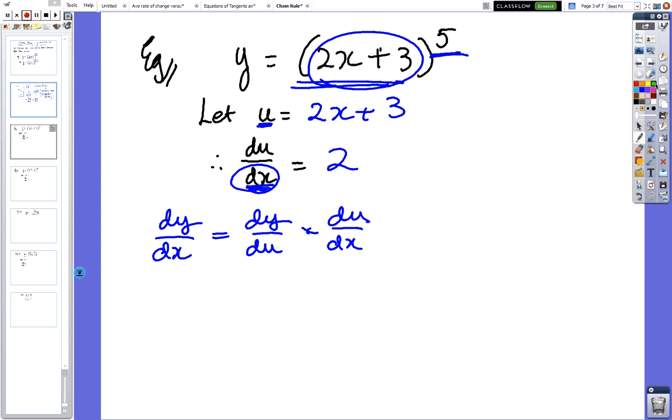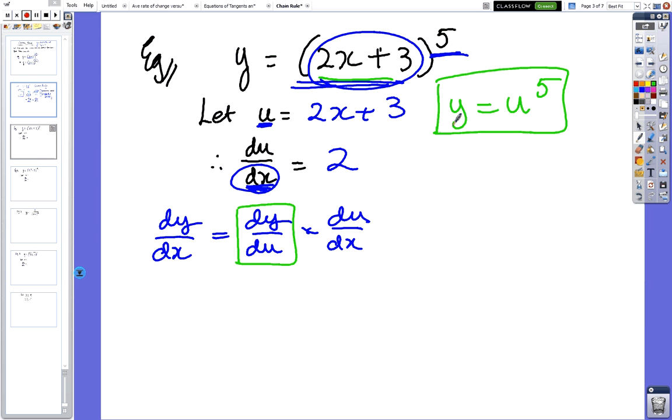Now if we go back just a step, rather than having y equals 2x plus 3 to the power 5, we have y equals u to the 5, because we've just replaced it. So this first part, dy du, means this function deriving with respect to the letter u. That's going to be 5 times u to the 4. We just multiply by the power out the front and then subtract 1.